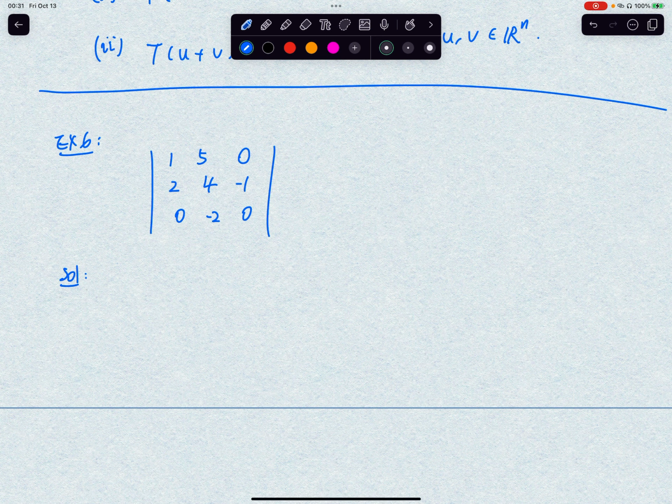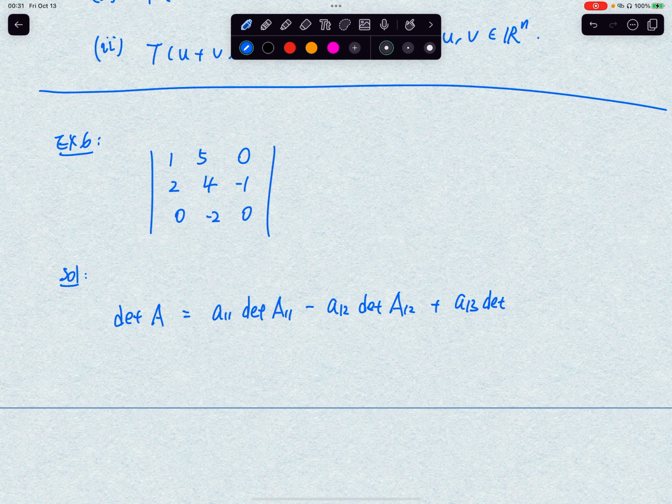If we apply the definition of the determinant, this is a11 times the determinant of A11, minus a12 times the determinant of A12, plus a13 times the determinant of A13. Since this is a minus sign, since we have minus 1 to the power 1 plus 2.